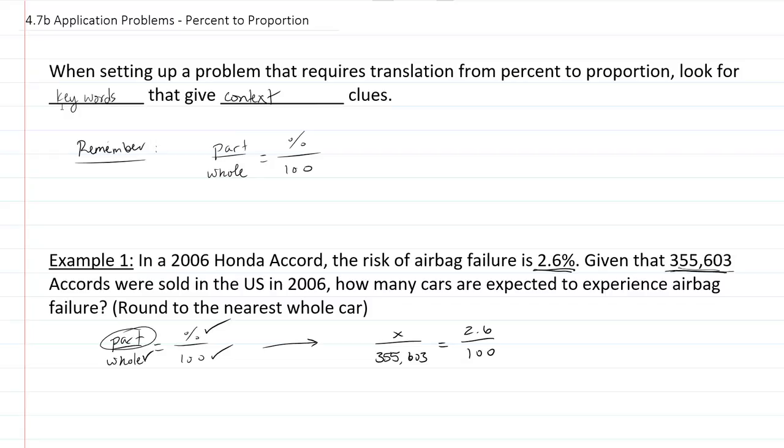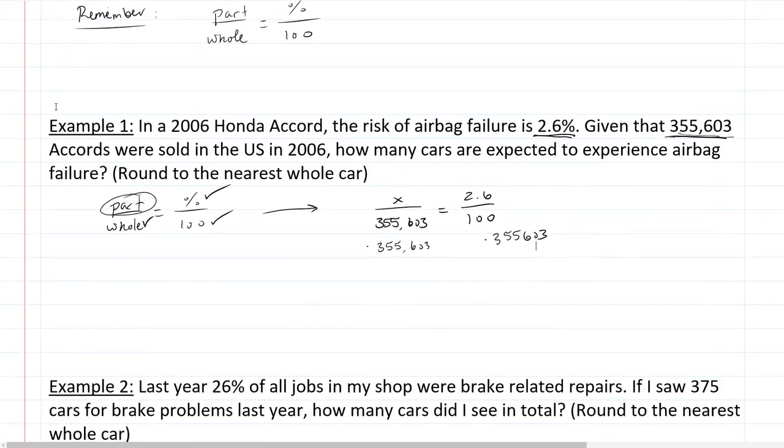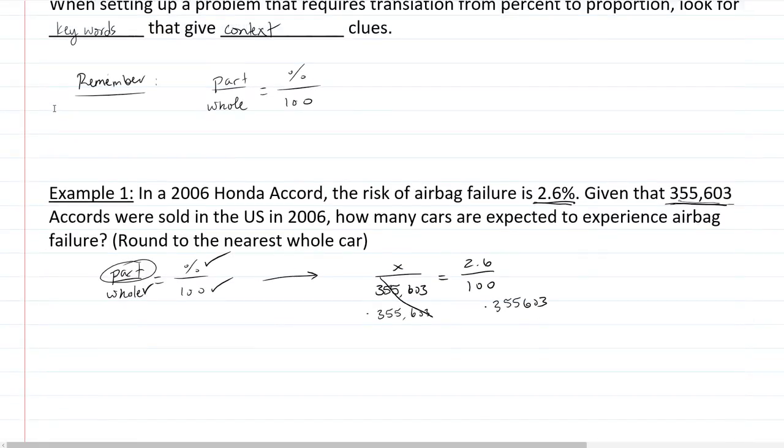So in setting up this proportion, we can first multiply both sides by 355,603. What this will do is cancel the denominator under the x, getting x by itself, but making this a lot more complicated on the right-hand side.